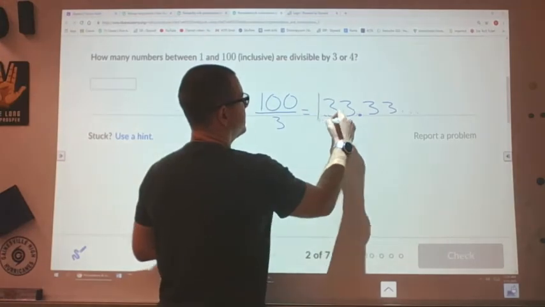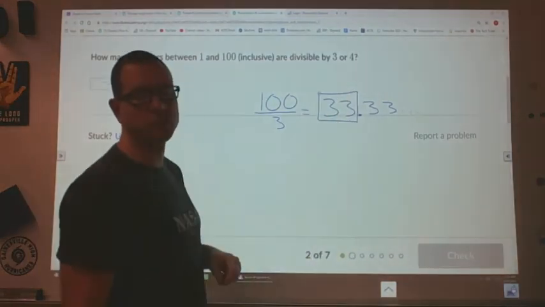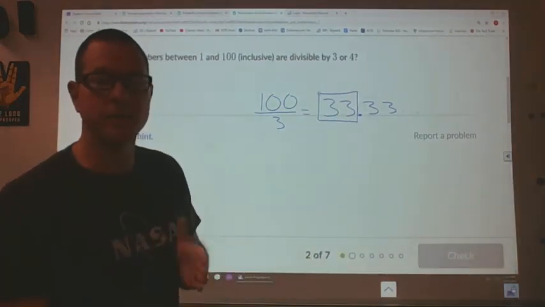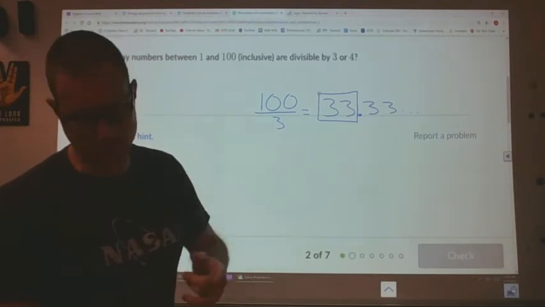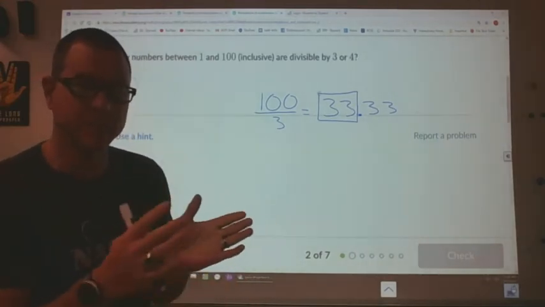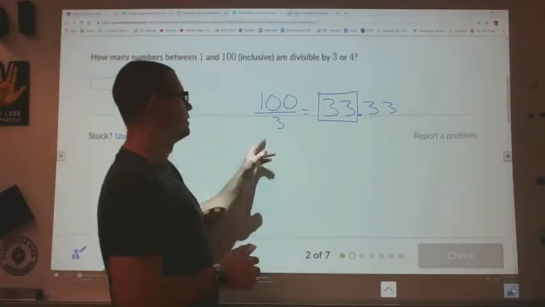Right? I just need the integer. There are 33 numbers from 1 to 100 that are divisible by 3. You're just counting them off, really. So we're just saying how many segments of 3 can we break it up to. So that's 33.